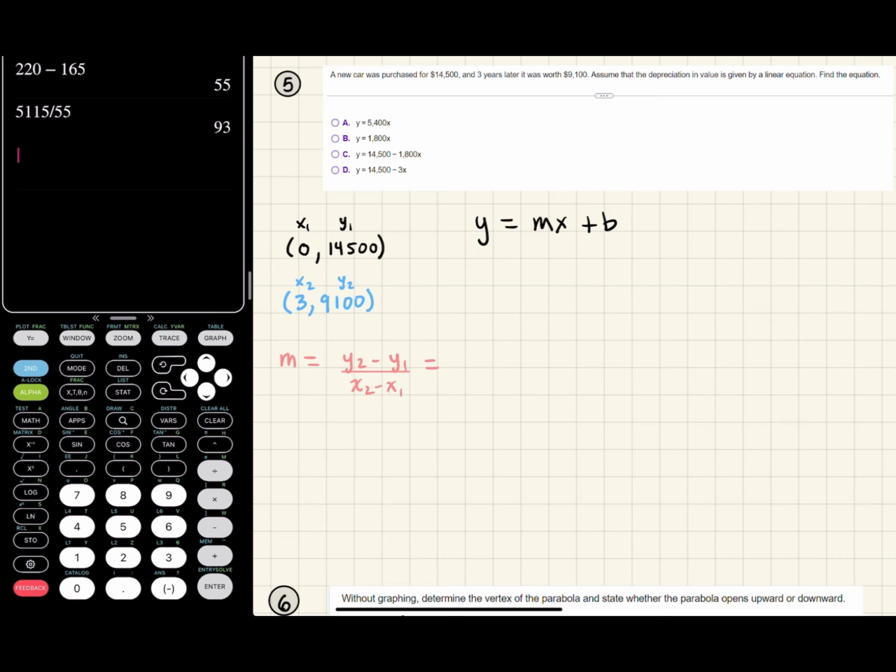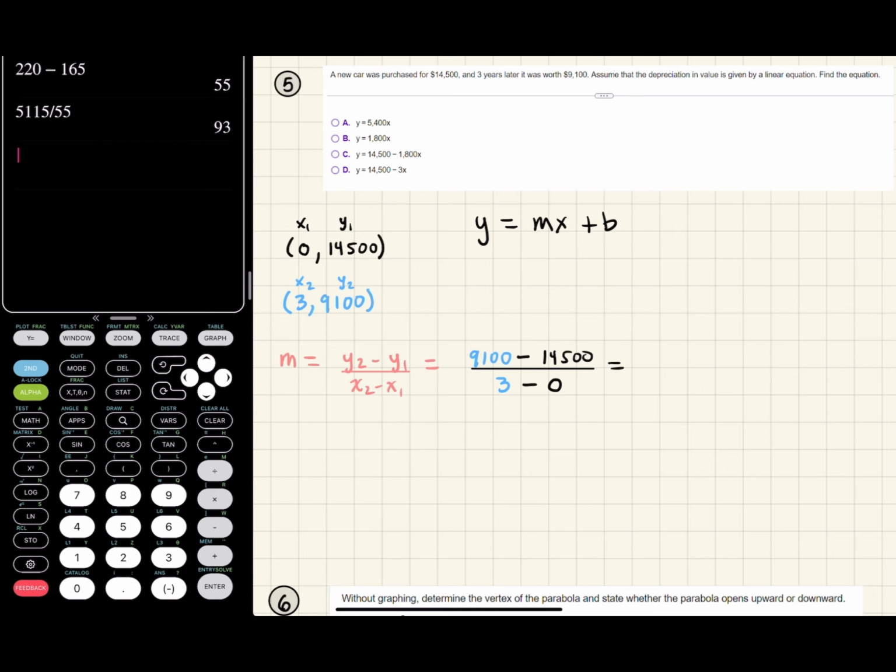Or in our case, y2 is 9,100 minus y1, which is 14,500, over x2, which is 3, minus x1, sorry, which is 0.